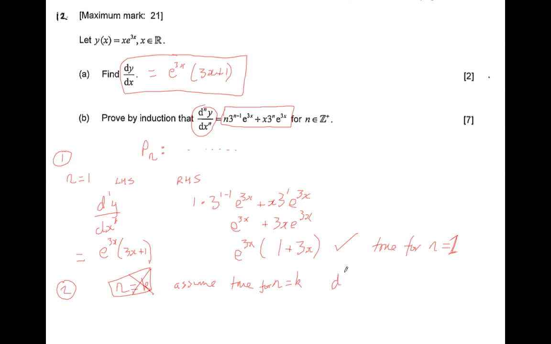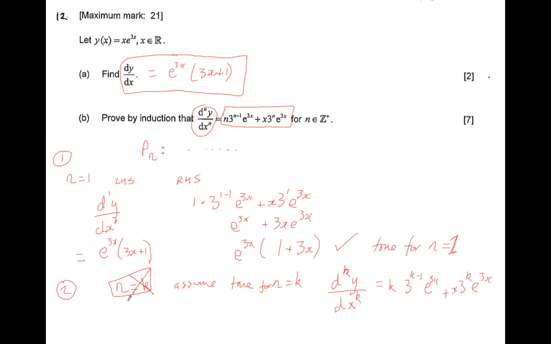That's dk of y by dx of k. The kth derivative is equal to k 3 to the k minus 1 into e to the 3x plus x into 3 to the k e to the 3x.